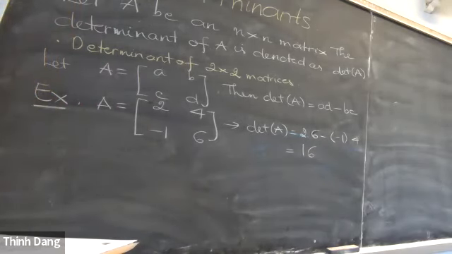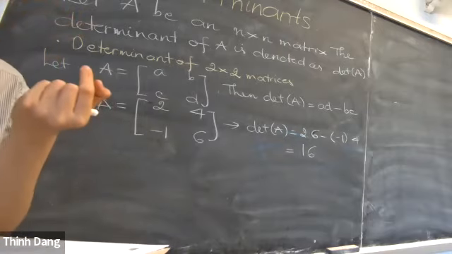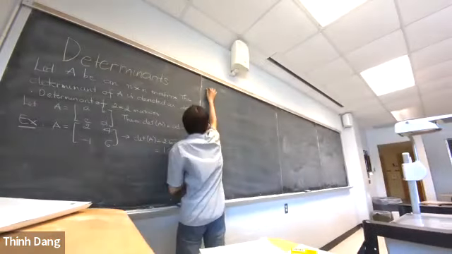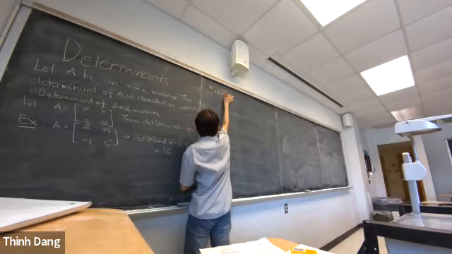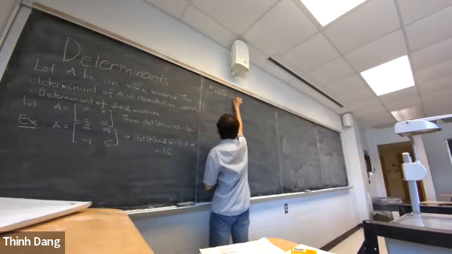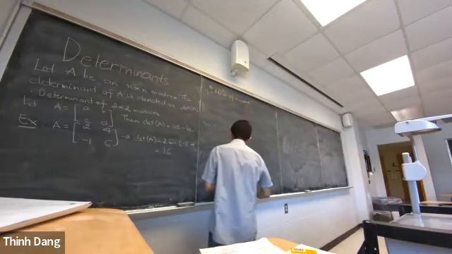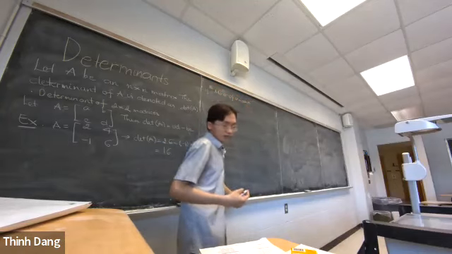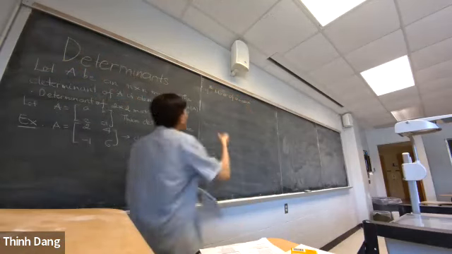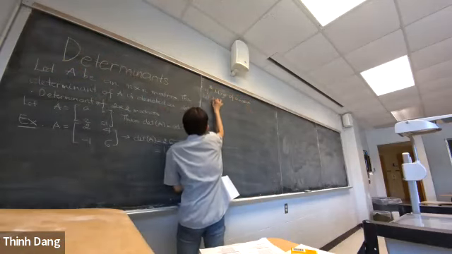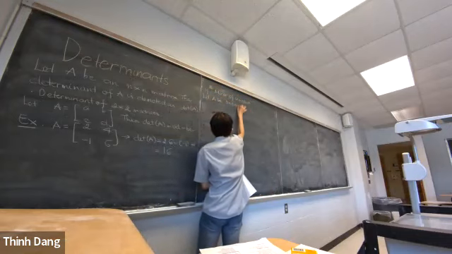In order to do that, first we will talk about the concept of the ij minor of a matrix. So what is the ij minor of a matrix? Let A be a 3 by 3 matrix.